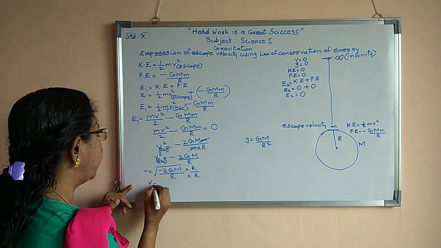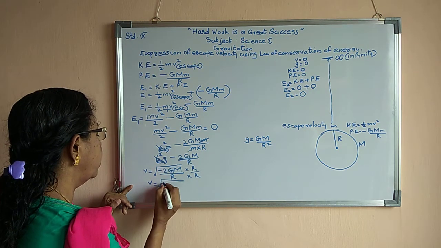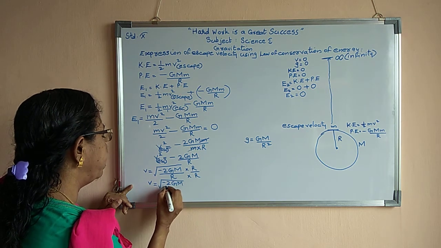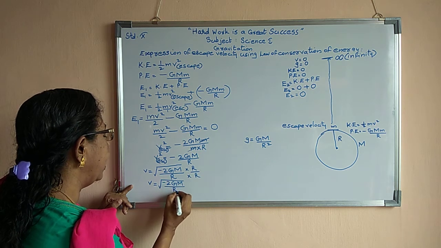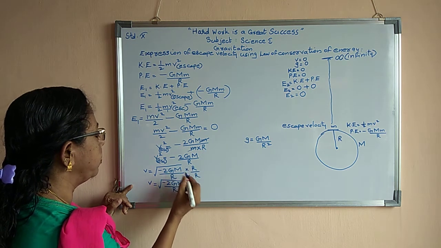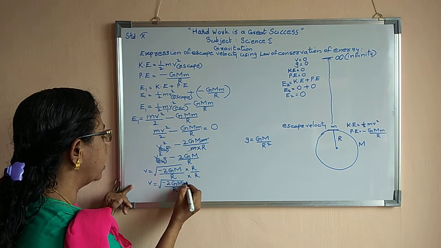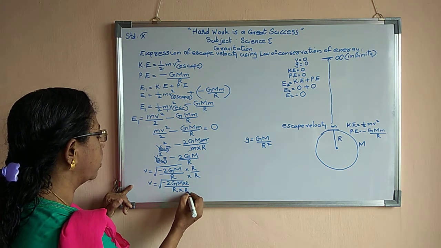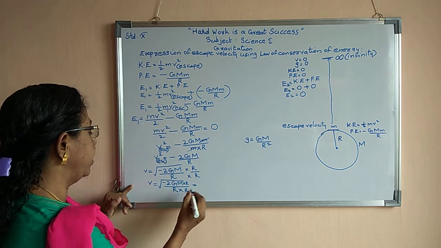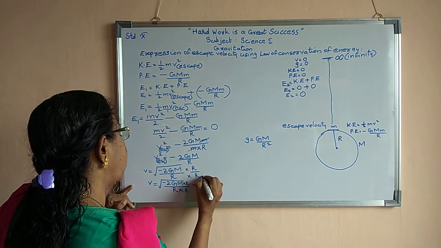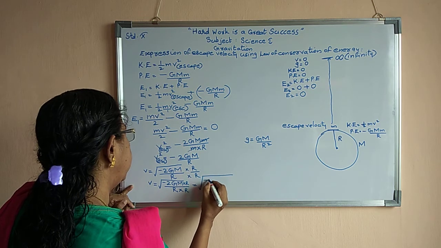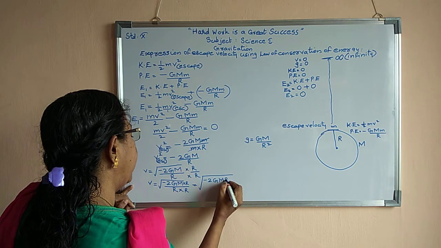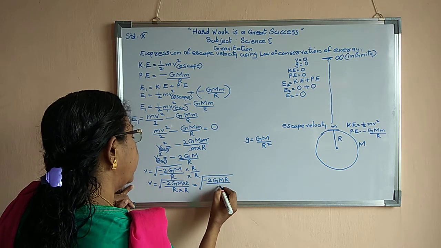Then how will our formula be? V is equal to square root of minus 2G capital M upon capital R. Here this R I am multiplying here, capital R. Again this R I am multiplying here, capital R. So we can write it in such a way, that is square root of minus 2G capital M capital R upon R square.